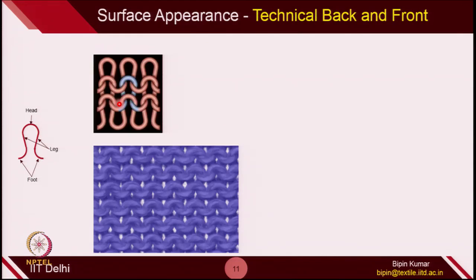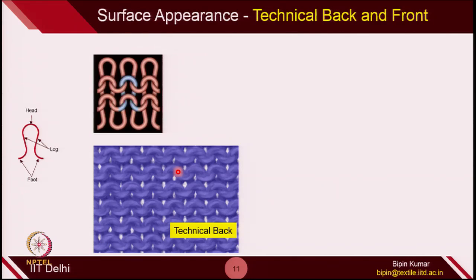This is the actual photo of the fabric where you can only observe the head part and the sinker part of the fabric. This side of the surface of the fabric is called technical back.